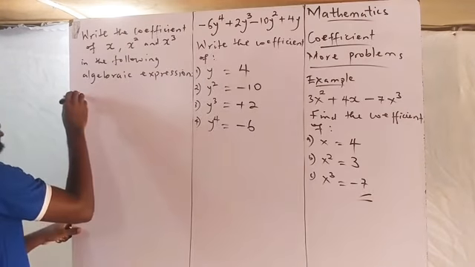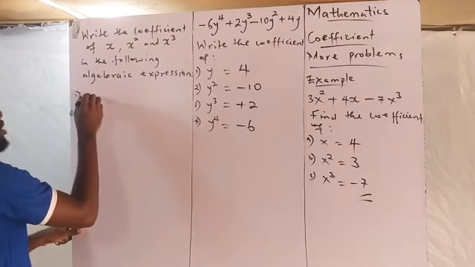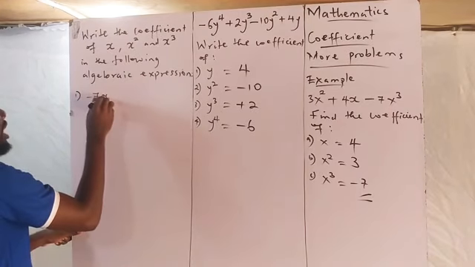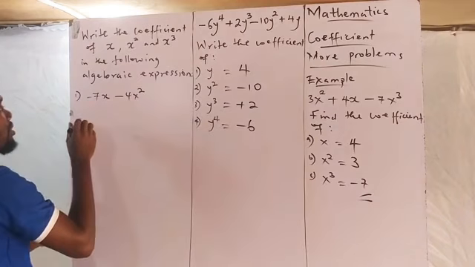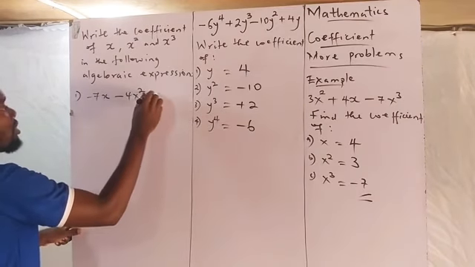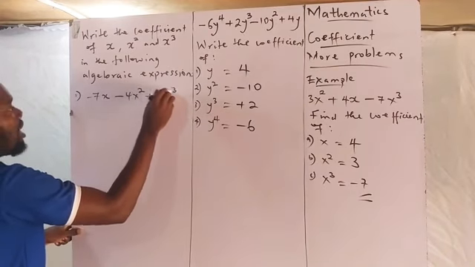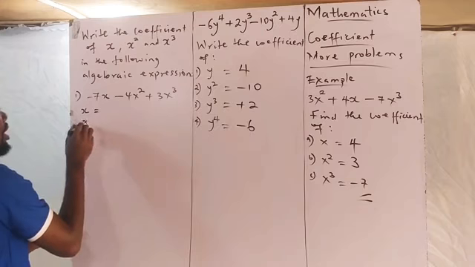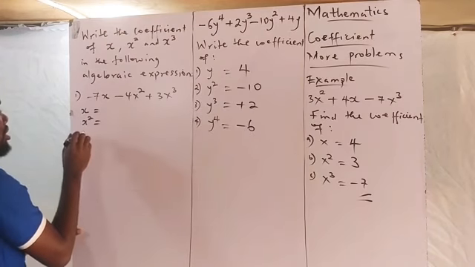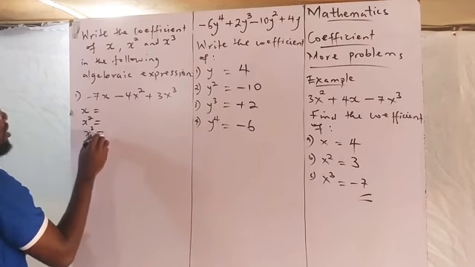Number 1: 7 minus 7x minus 4x squared plus 3x raised to power 3. So you have x, put your answer for me. X squared, put your answer. X raised to power 3, put your answer.